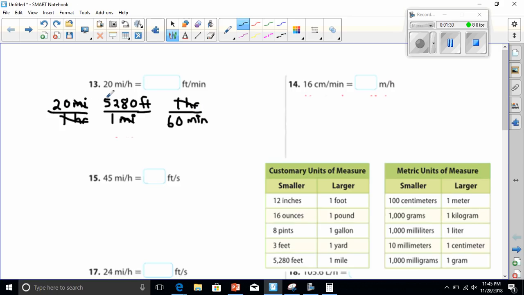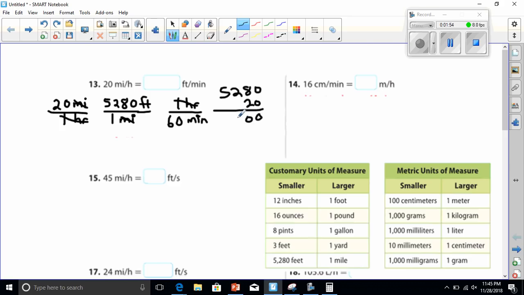We got 5,280. I'm going to multiply that by 20. And now we see that we've got, well, that's going to be a 0. Then, well, that's a 0.